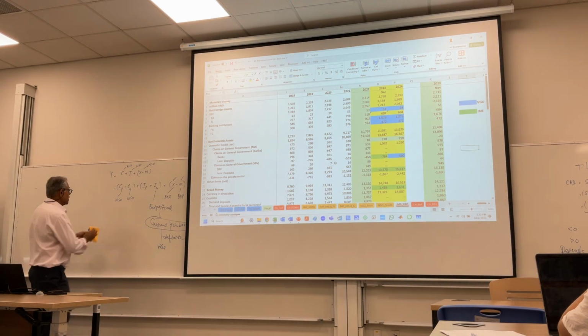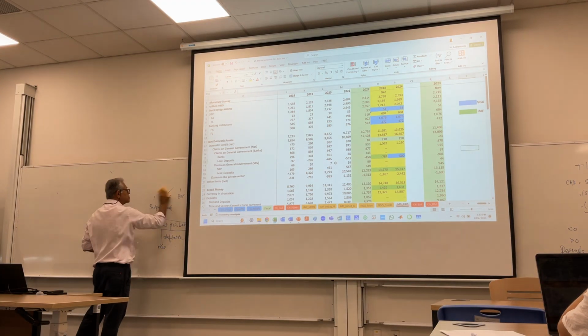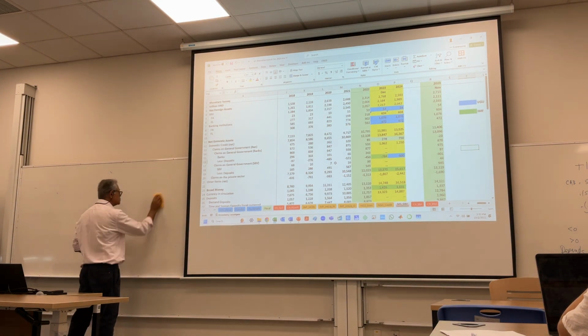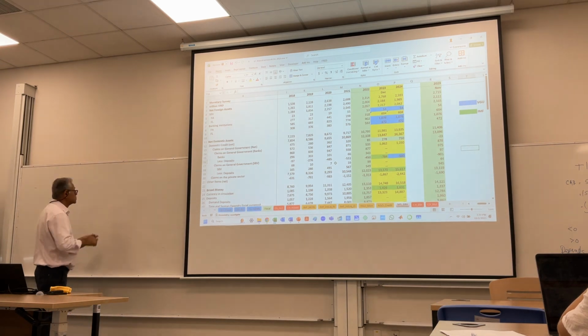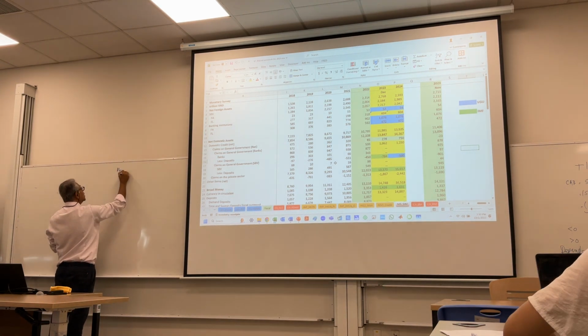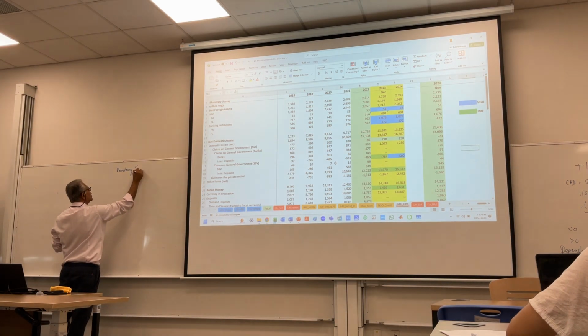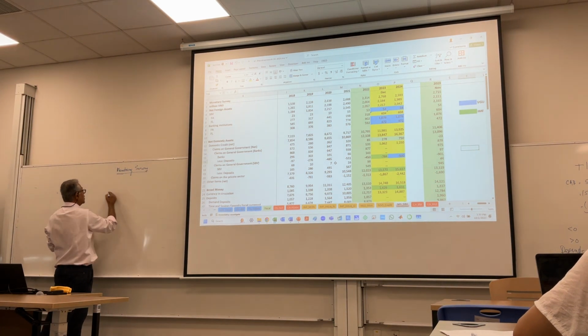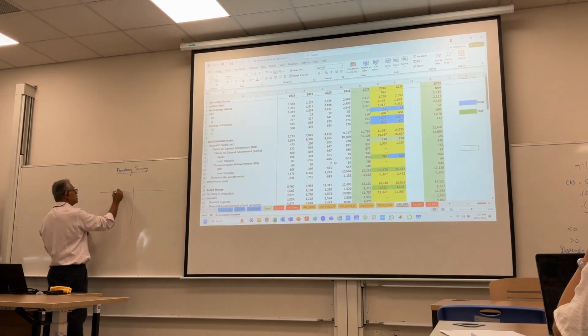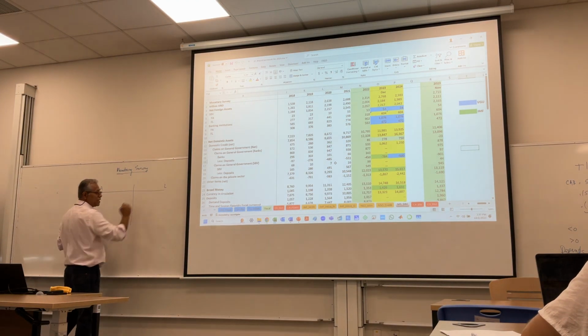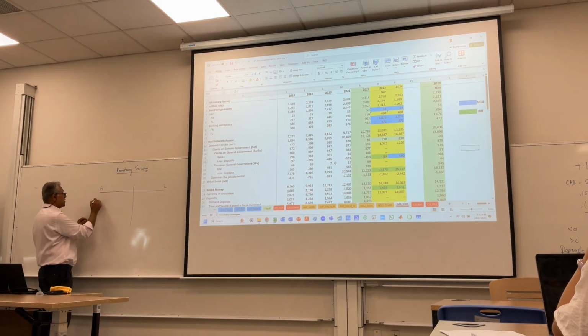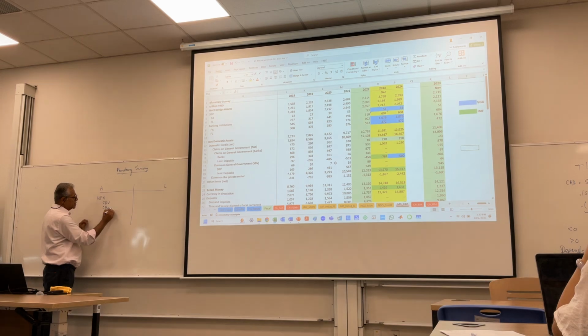If you remember, I had made this balance sheet, which had the asset side and the liability side. On the asset side, we said we have net foreign assets, and that has to include the foreign assets of the central bank of the country, SBV, and of the commercial banks.